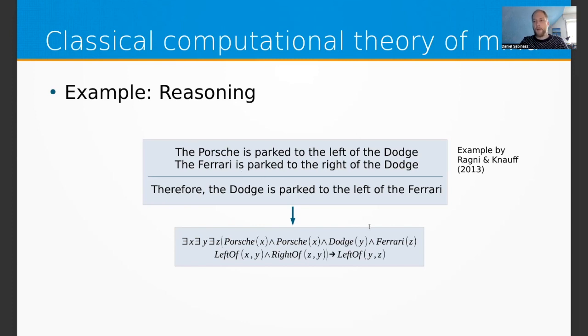And in the classical computational theory of mind, the idea would be that the human mind solves such problems by transducing the premises into a symbolic representational format, and then performing a certain algorithm on these symbols in order to infer a conclusion. So the premises could, for example, be encoded as this here.